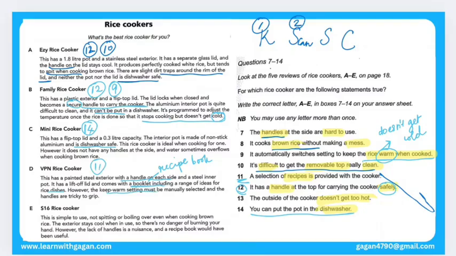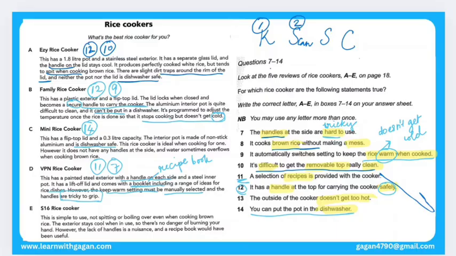However, the keep warm setting must be manually selected and the handles are tricky to grip. When you say tricky, it means difficult, it means hard. And number 7 says the same. The handles at the side are hard to use. For hard, they have used the synonym tricky. So I feel number 7 also matches with this one.